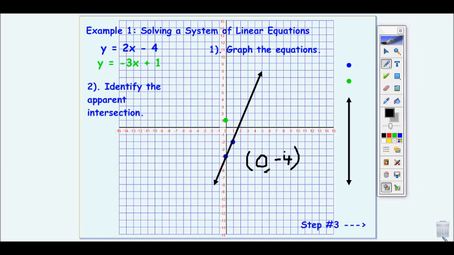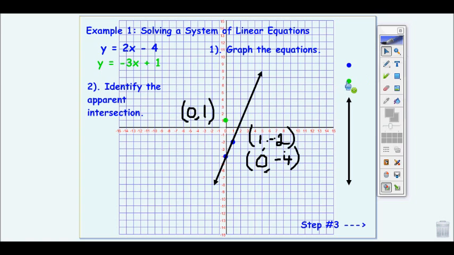So my slope ended up being negative 3 over 1. And I'll label my green point here: that's going to be at 0, 1 because it is a y-intercept.